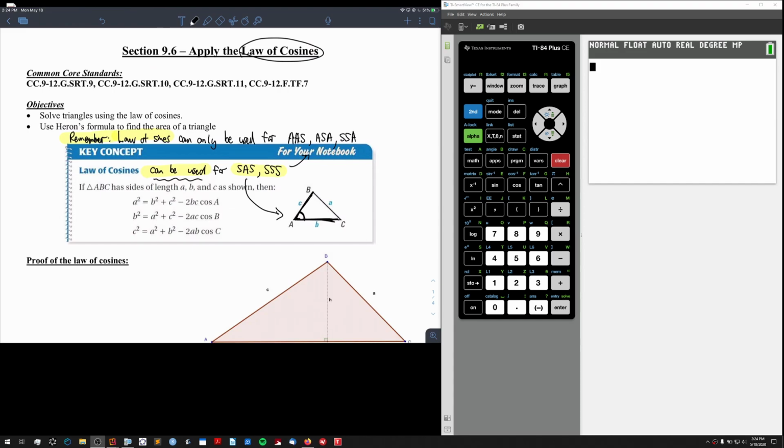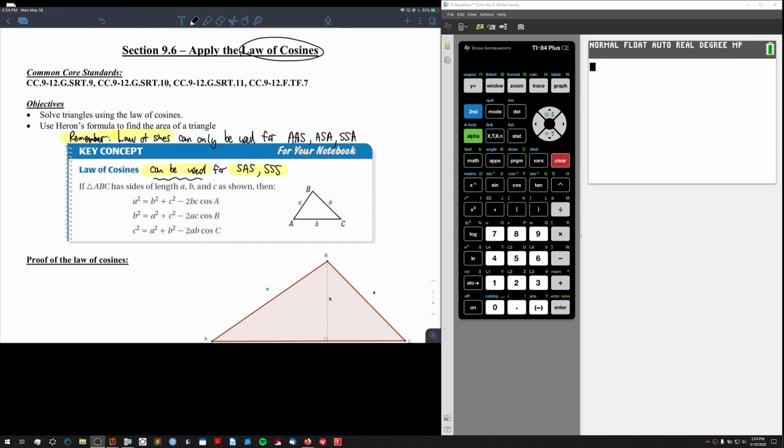If I'm given that, you can see that I can't solve it using the law of sines. The other option is, what if I'm given three sides only? For the law of sines, I need at least one angle. And for the law of cosines, you can see that I can actually solve a triangle if it has only three sides given.